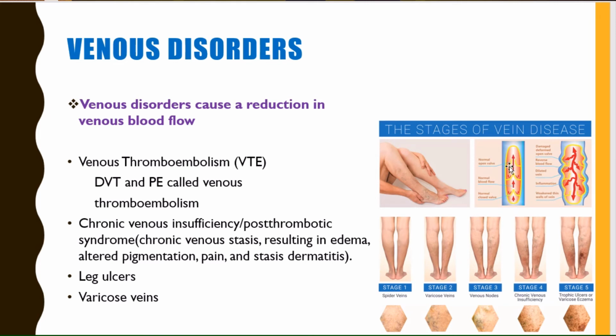So these are normal valves. Here you can see there are damaged, deformed, open valves, so it can cause a kind of reverse blood flow. The veins are dilated. It is inflamed, so the walls are thinner. So you can see a lot of problems here.